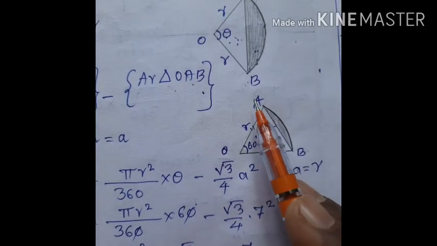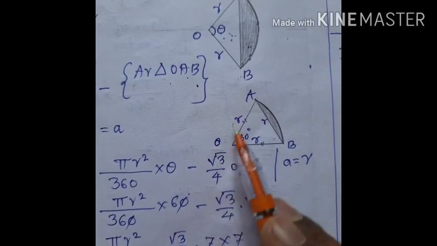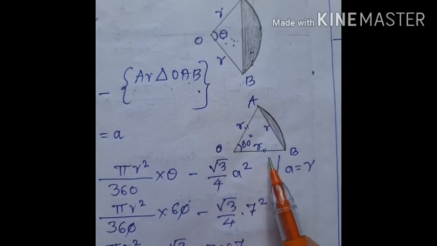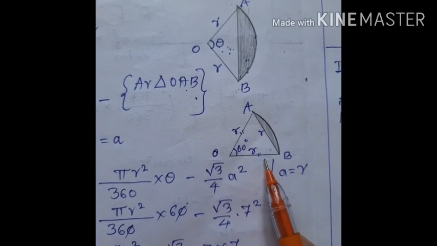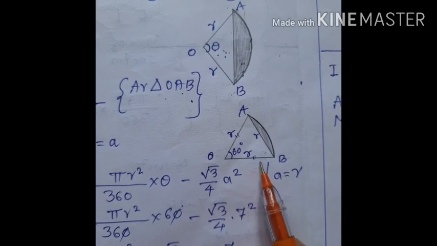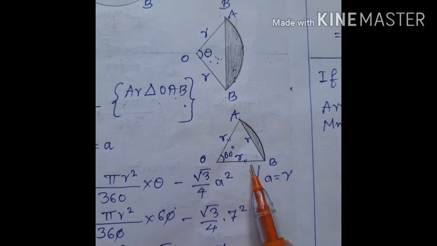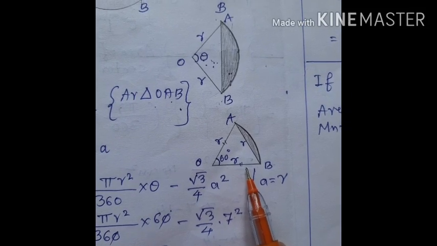Here in triangle AOB, OB and OA are radii of the same circle, and both are 7 centimeter. We know that the sides opposite to equal angles are equal, and the angles opposite to equal sides are equal.